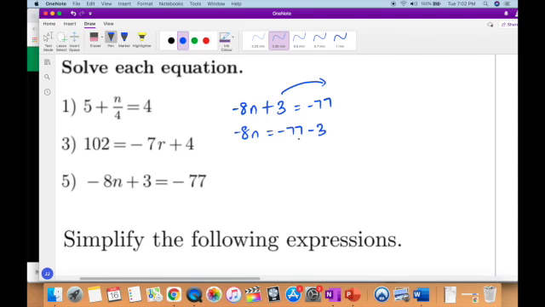When you have the same signs, you just add and keep the sign. So negative 8n is equal to negative 80. You add it and you keep the sign. So therefore n is equal to negative 80 divided by negative 8, which is, the negatives cancel, straight up 10.